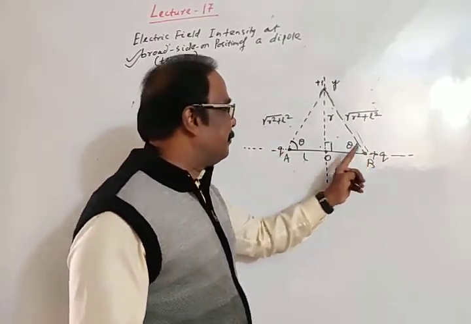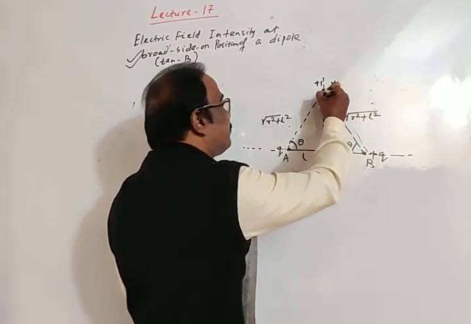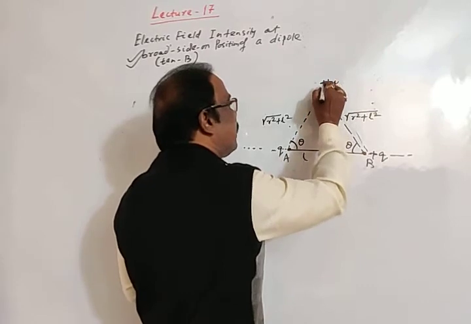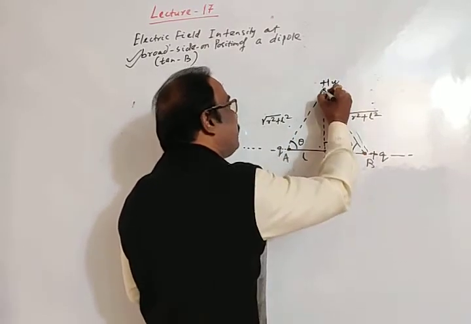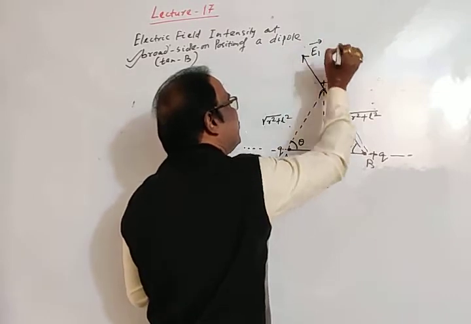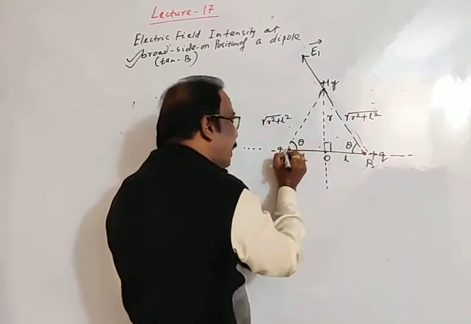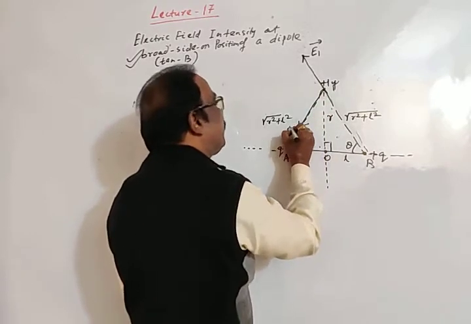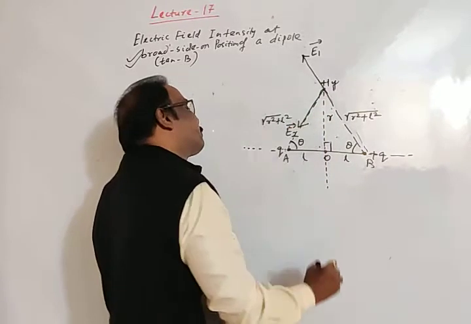Since this is a unit positive charge, the positive charge repels it. Let the electric field intensity be E1, and minus q attracts it. Let the electric field intensity due to minus q be E2.